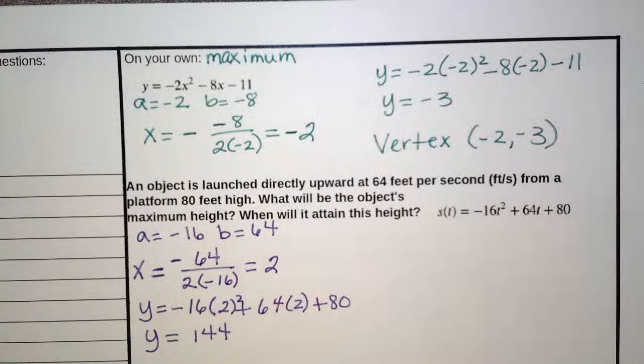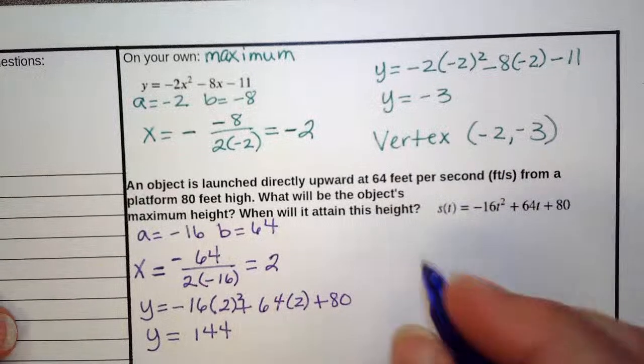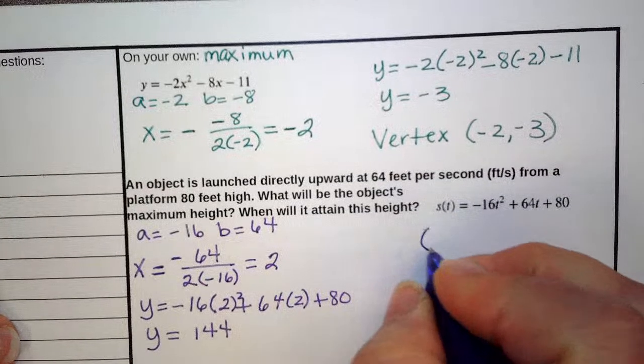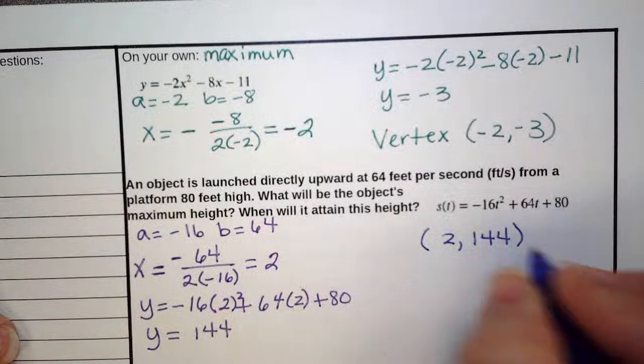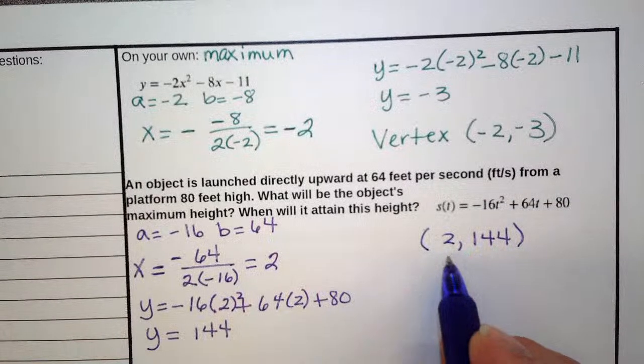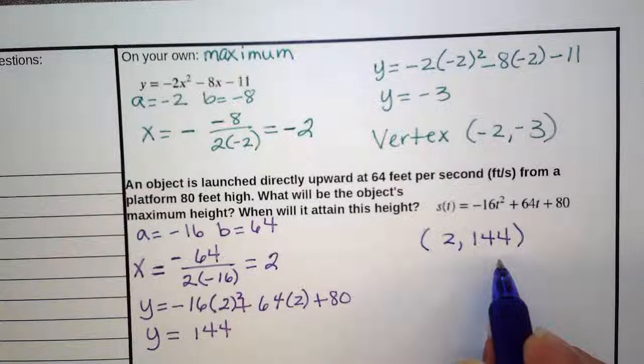So my vertex is the point 2, 144. So in 2 seconds, it is at its maximum height, which will be 144 feet.